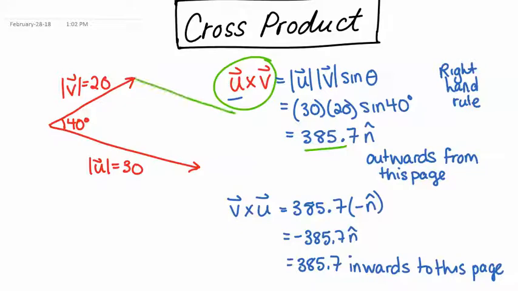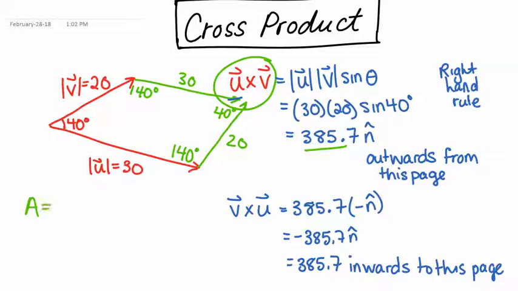So if I turn this into a parallelogram, that angle would also be 40, and this would be 140, 30, 30, 20, 20. If I wanted to find the area of a parallelogram, I just do base times height. So if I say this is my base here, that's 30. And then my height's going to be the distance at a 90-degree angle.